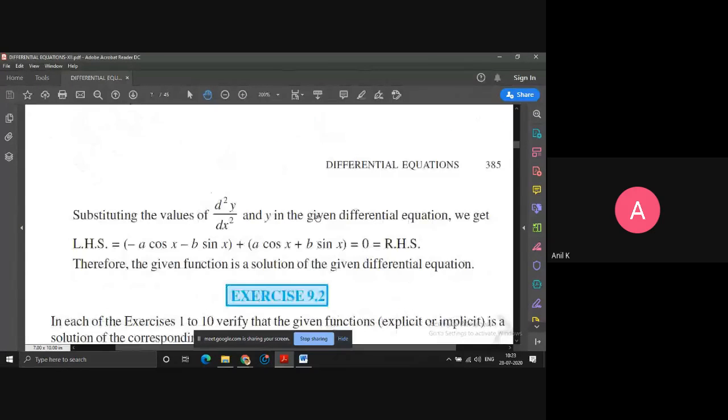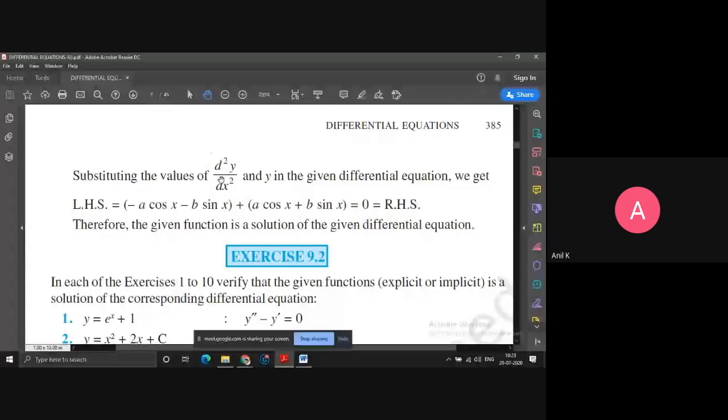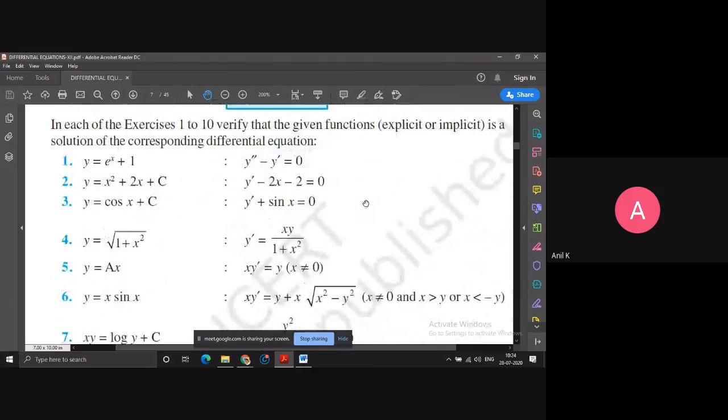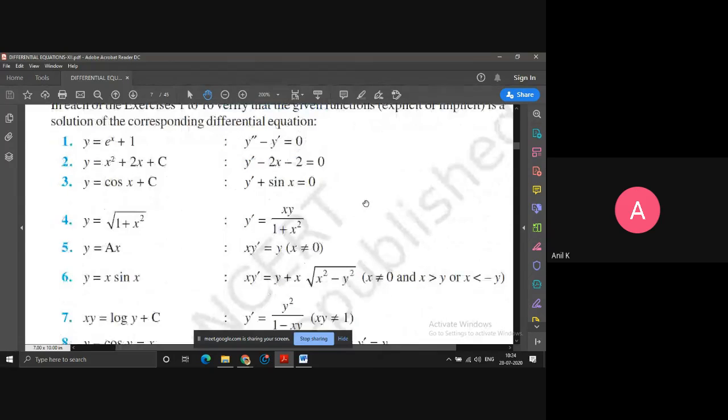When I say d square y by dx square plus y, this is minus a cos x minus b sin x plus y, which is a cos x plus b sin x. You can see the terms are the same and the signs are different. Both the terms will cancel, so the answer will come as 0. Those are very easy questions. Now, which question do you want to solve here?